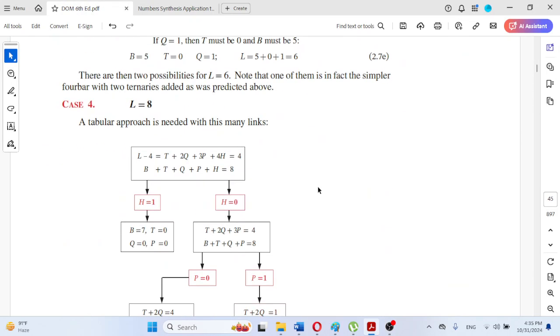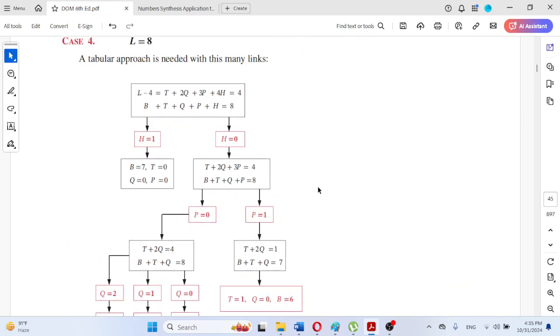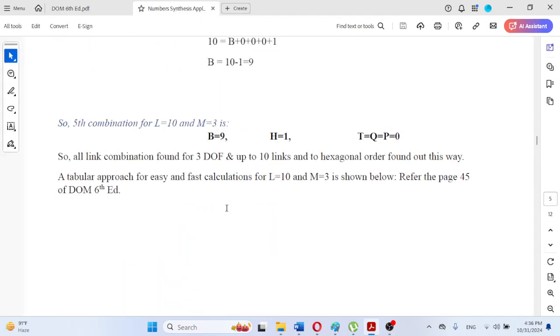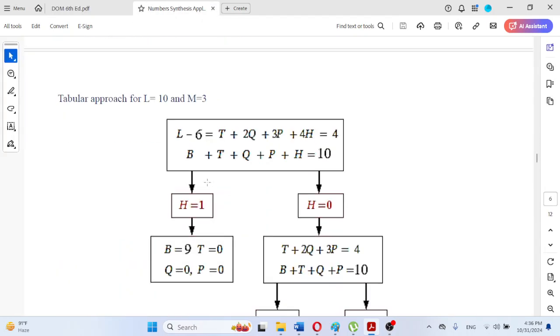So here the author has made us understand the procedure like this, that in the fourth case, I have assumed and adopted the same procedure, which I can show here, the tabular approach for L is equal to 10 and M is equal to 3.